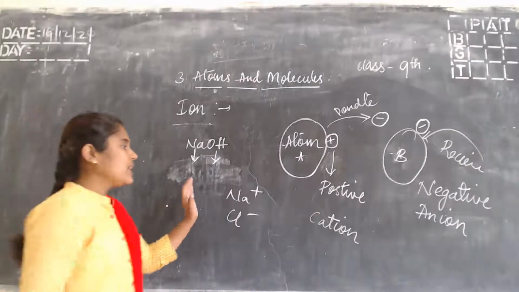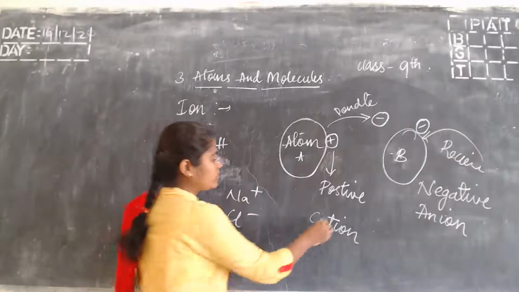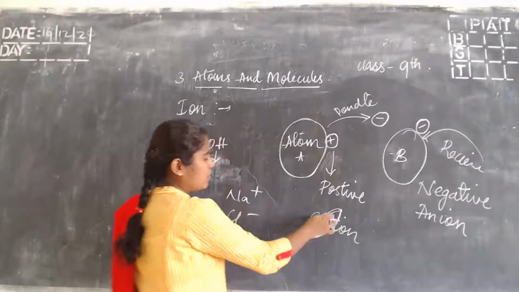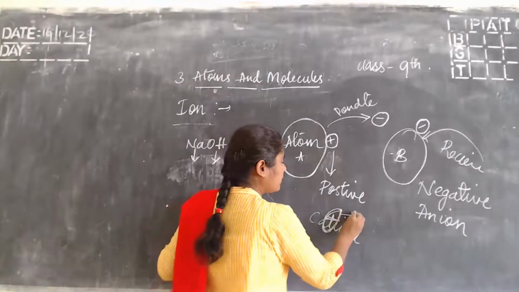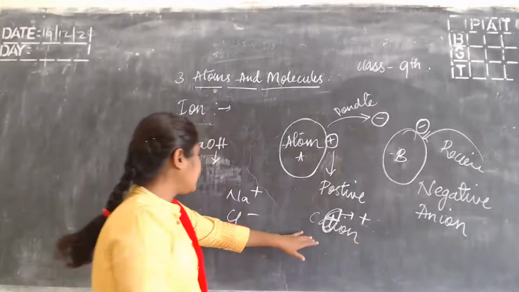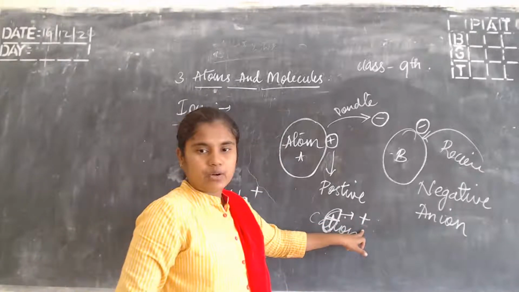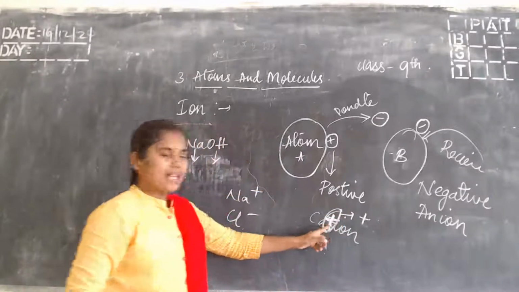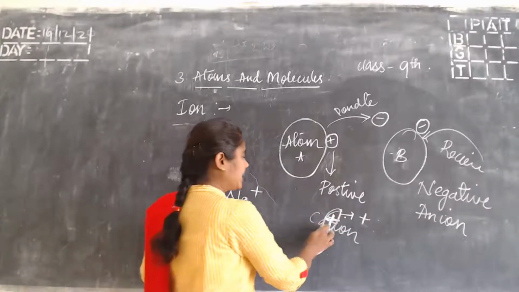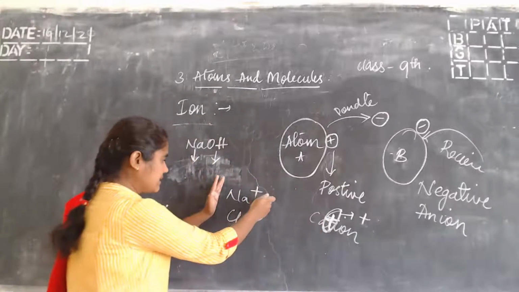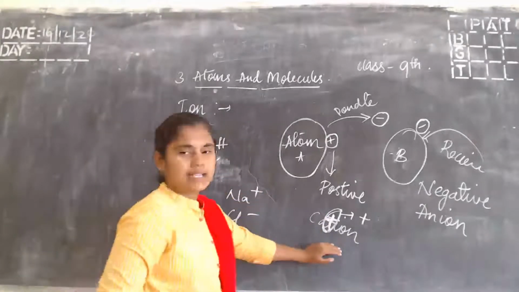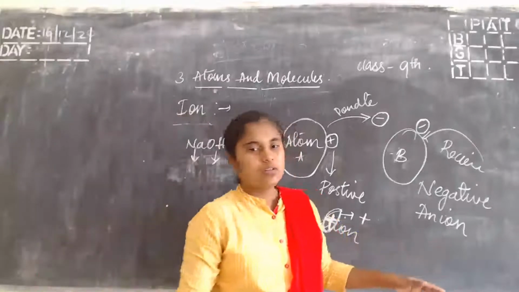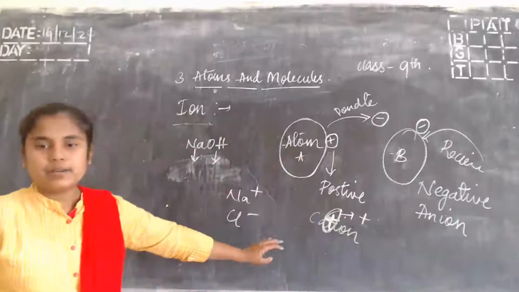So what you need to do is remember that cation has the letter T, which resembles the plus symbol. Then you can easily say, if it is plus, it is a cation. If it is negative, you can easily say anion. So this would be an easy way to remember.